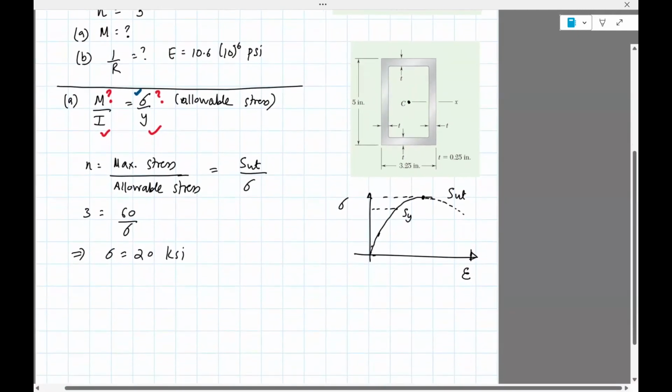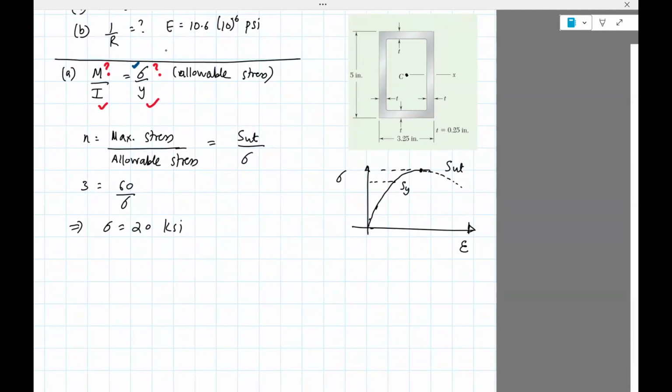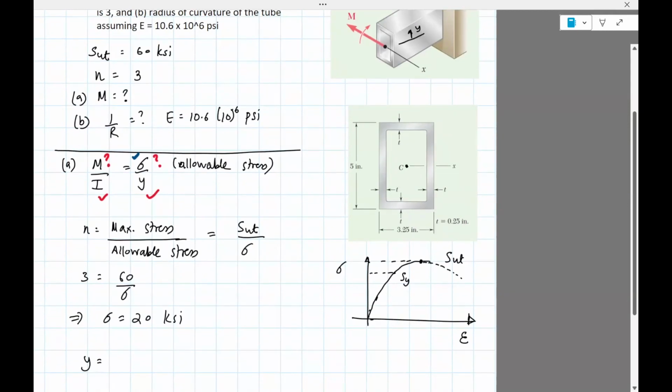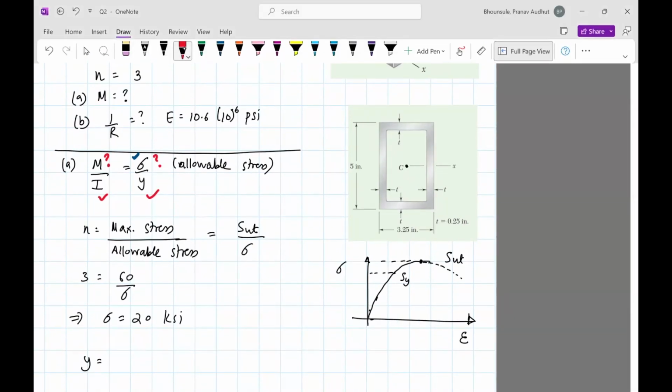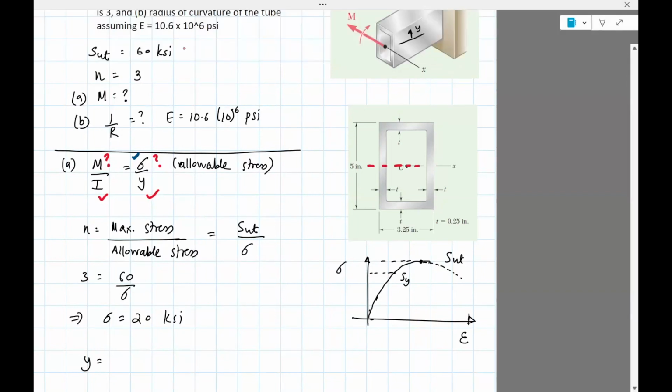Okay, so what we know is Y is clearly, this is Y. It's going to be 2.5.